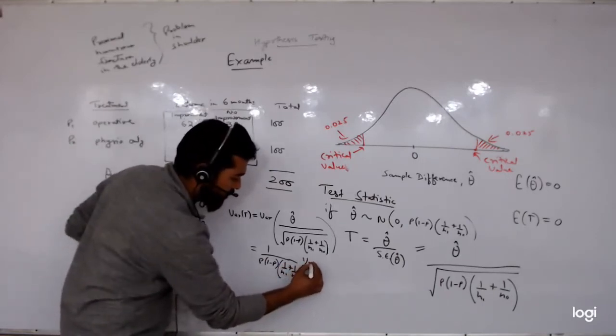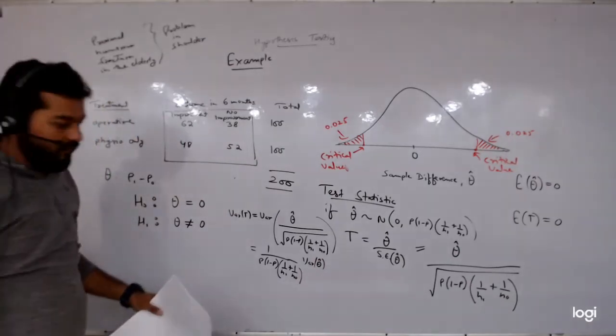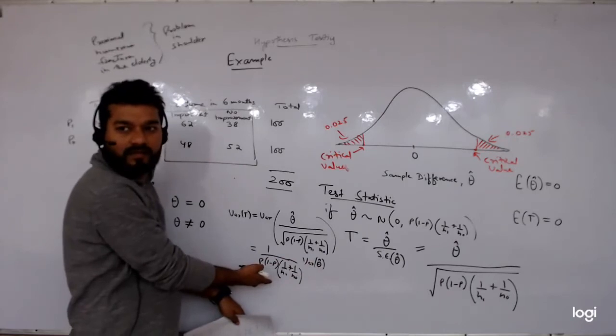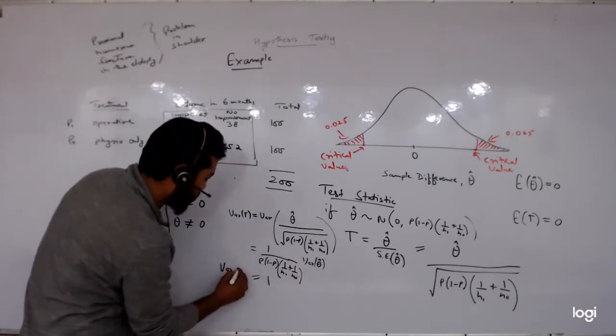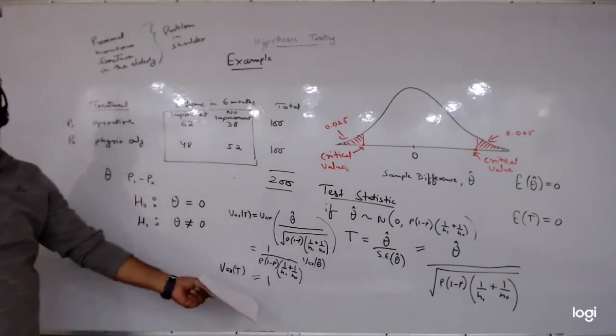and then the variance of, okay, what is the variance of this? This is this itself. So the variance of our test statistic is 1.